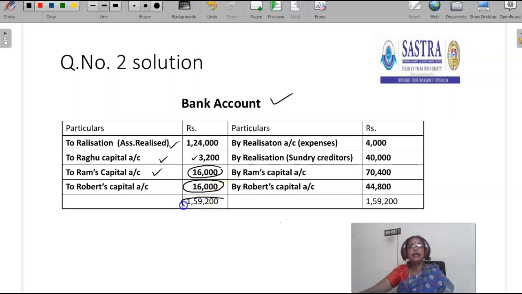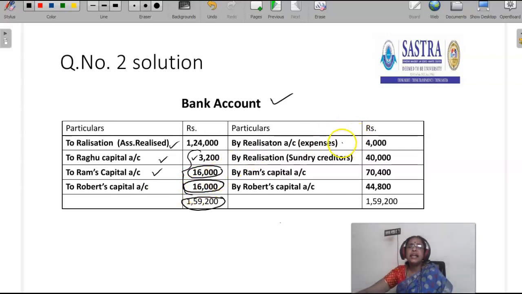So the total cash that the firm has is 1,59,200 rupees. This is assets realized. This is Raghu's cash, Ram's cash and Robert's cash. Okay. So 3,200 Raghu brings, 16,000 Ram brings and 16,000 Robert brings, in cash or through bank.